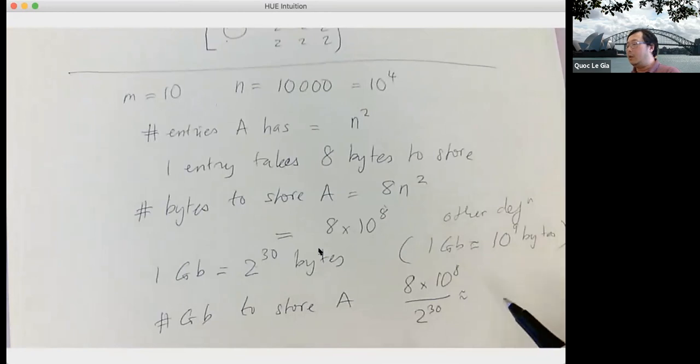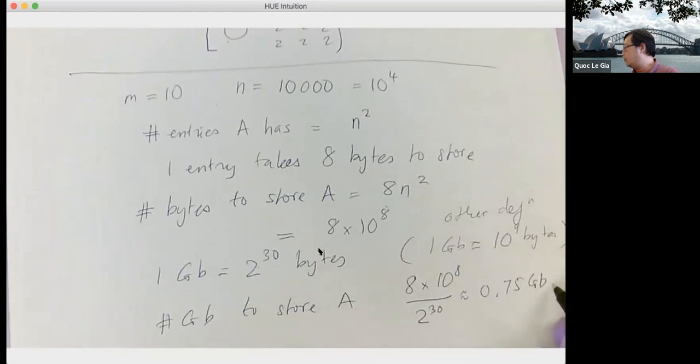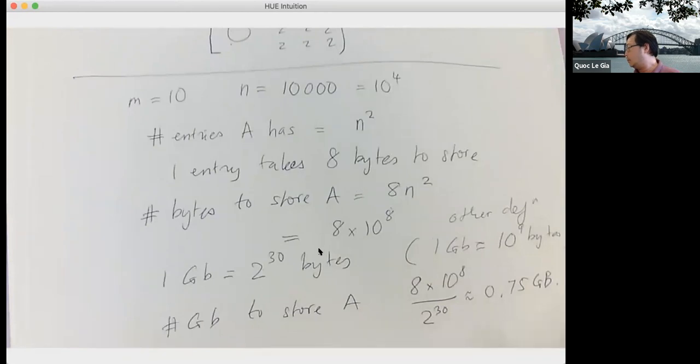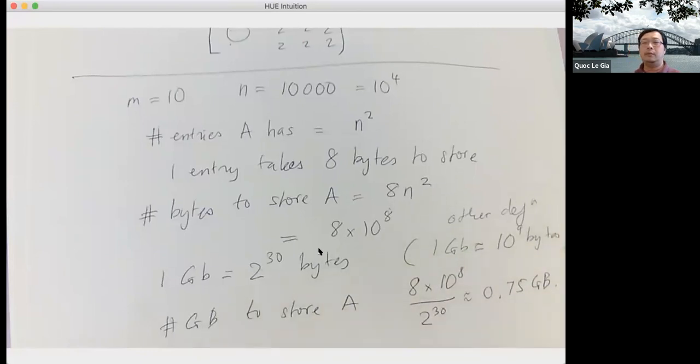If you put it in the calculator, you get about 0.75 GB.